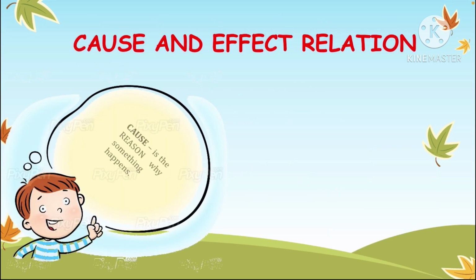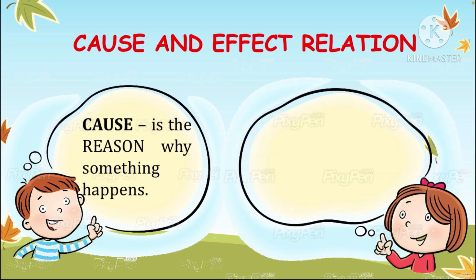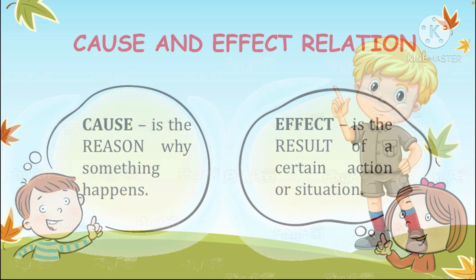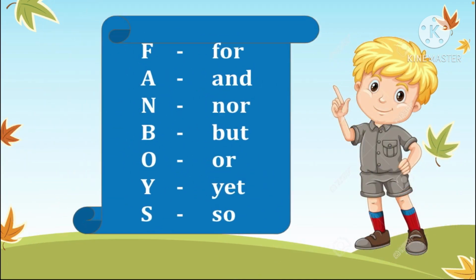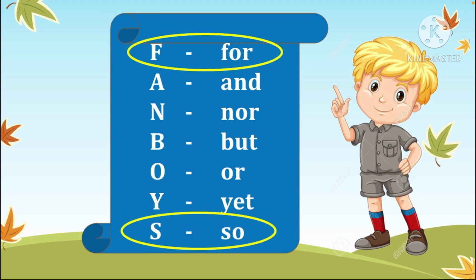What do we mean by cause and effect relation? Cause is the reason why something happened, while the effect is the result of a certain action or situation. The two coordinating conjunctions that we commonly use to show cause and effect relationship are the conjunctions for and so.